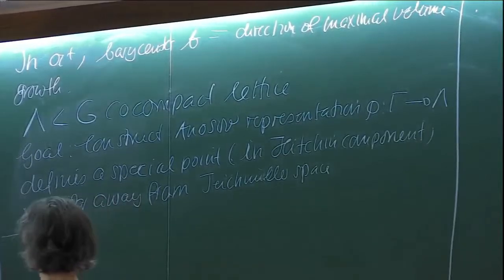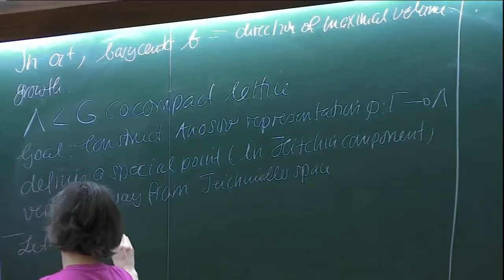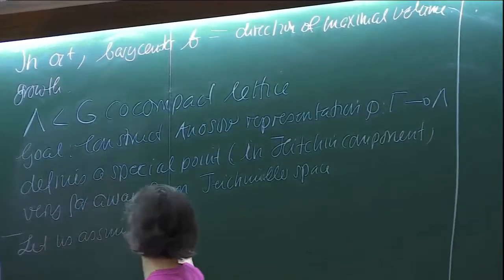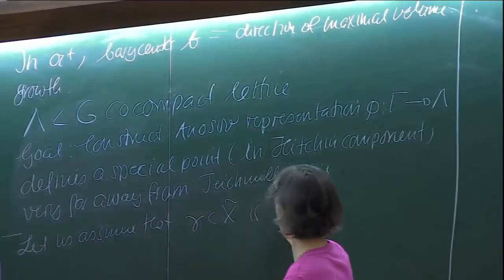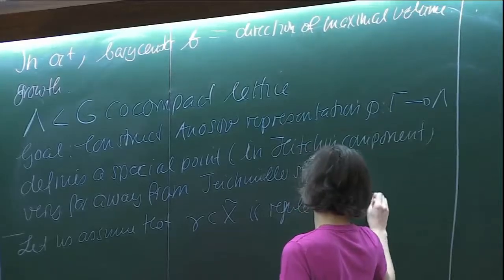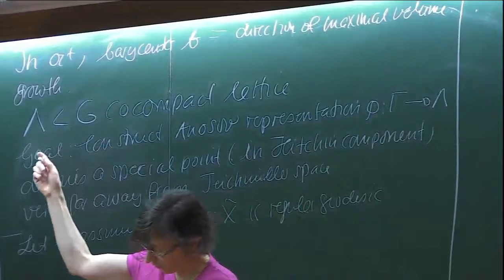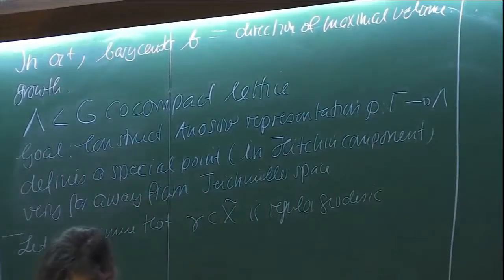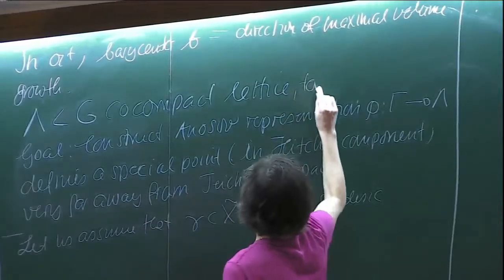Let us assume gamma in X tilde is a regular geodesic. Now again, for the rest of the talk, I fix this Lambda. It's arbitrary but co-compact, and maybe I want to have it torsion-free for simplicity.